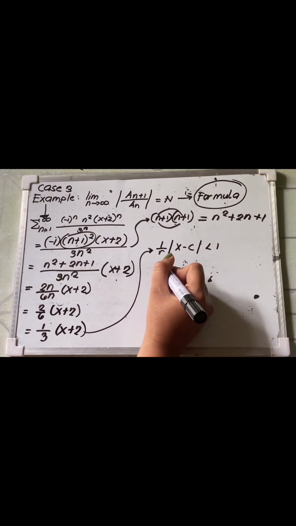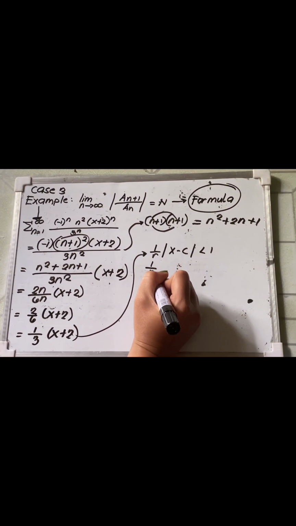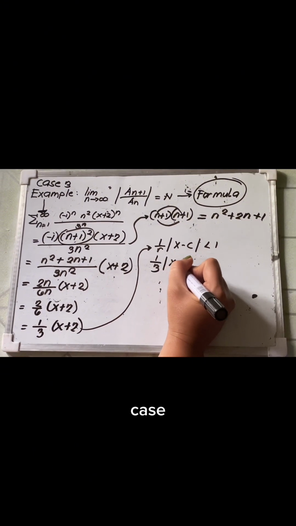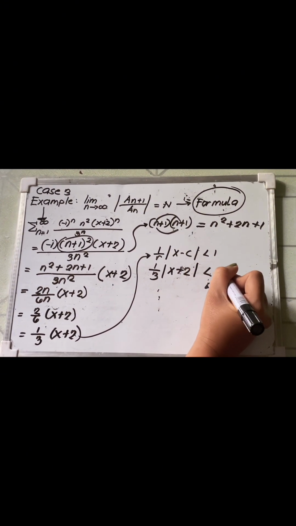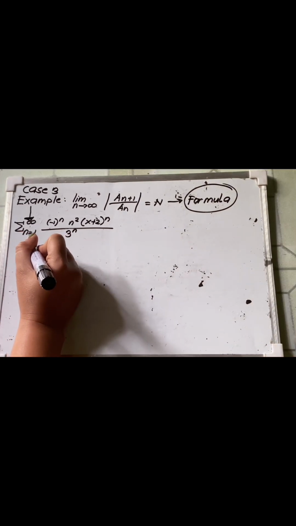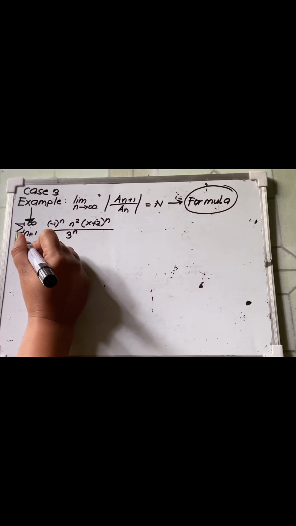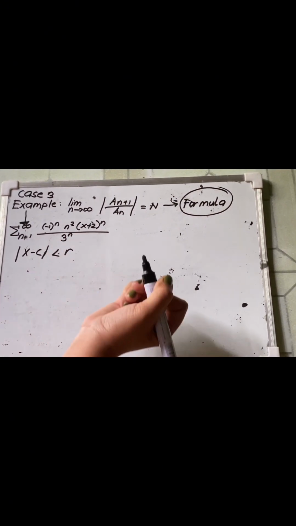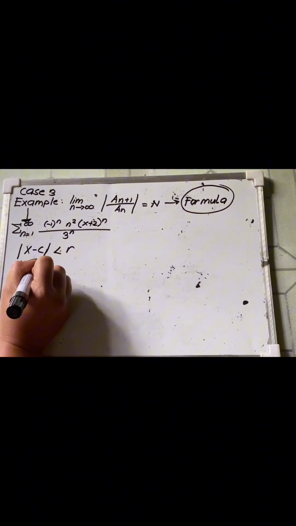So applying case 3, wherein 1 over r, absolute value of x minus c is less than 1, we copy the 1 over 3, absolute value of x plus 2 less than 1. So we have here again the absolute value of x minus c less than 1.